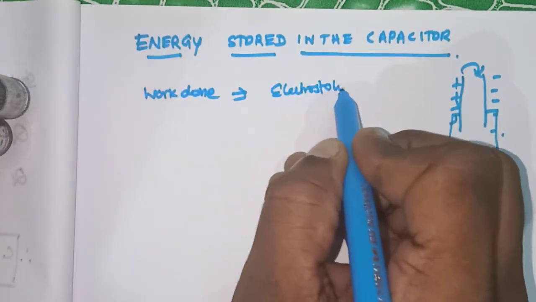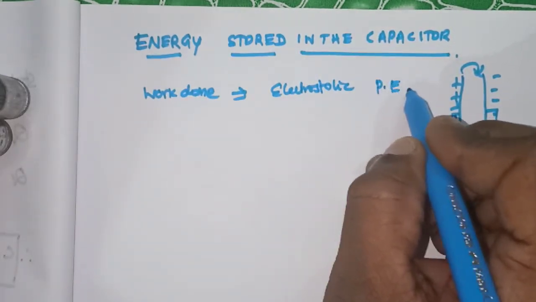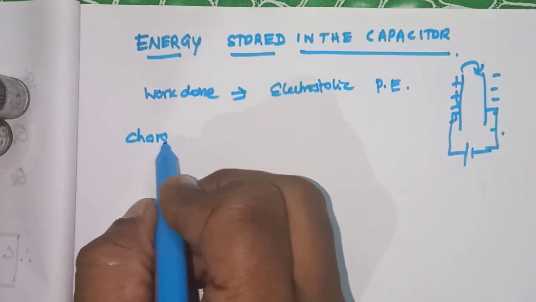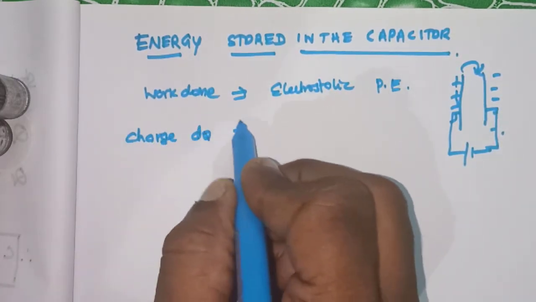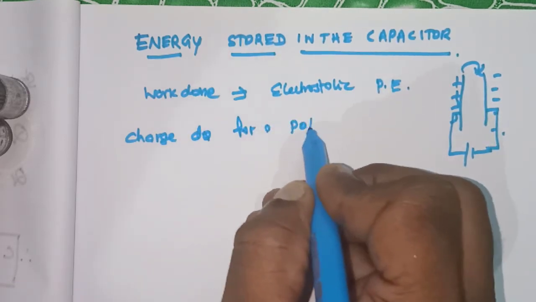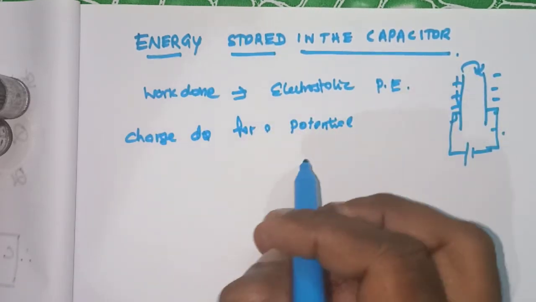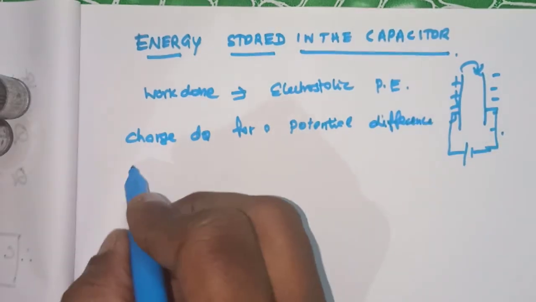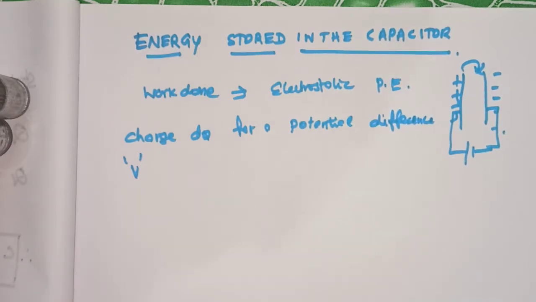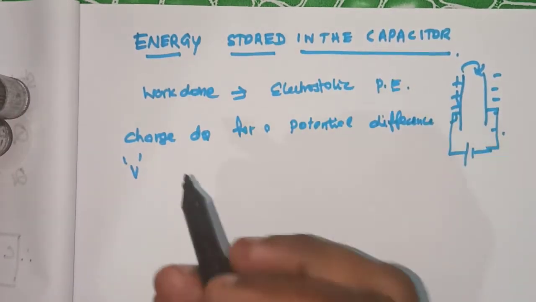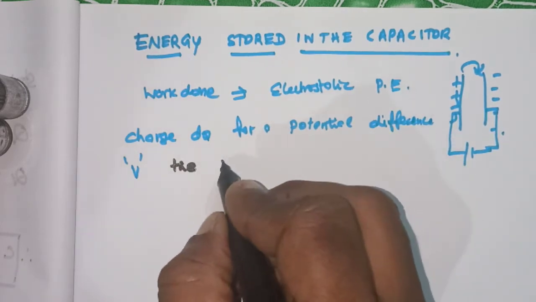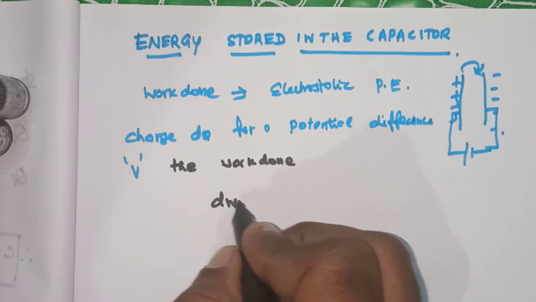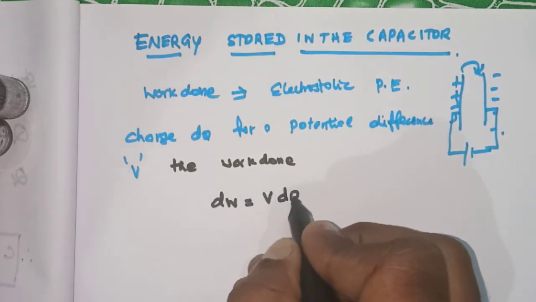Electrostatic potential energy. Okay, so consider a charge dq for a potential difference V. The work done is given by dW equals V dq.